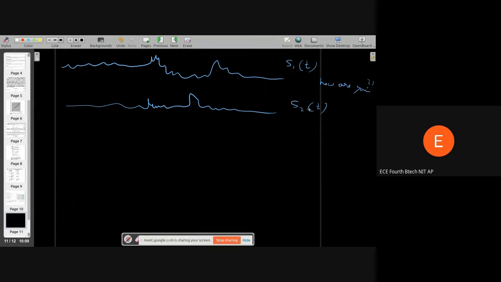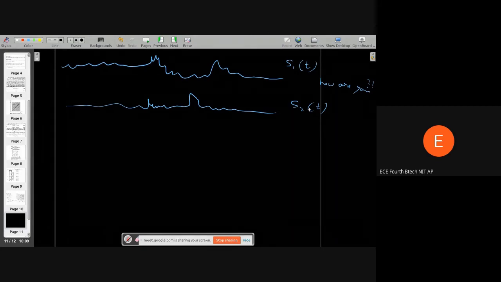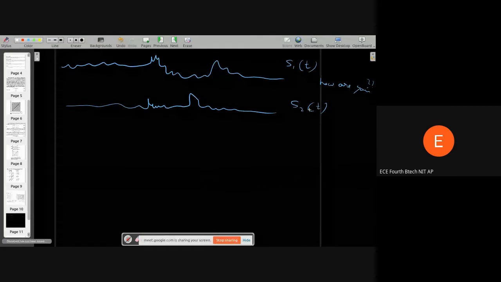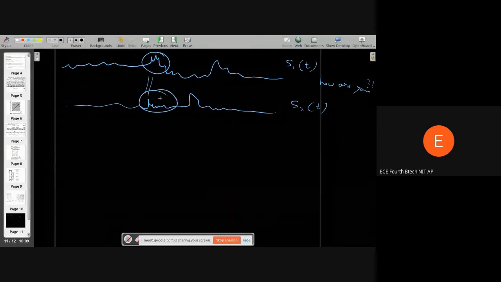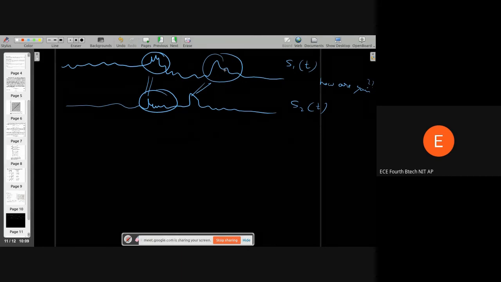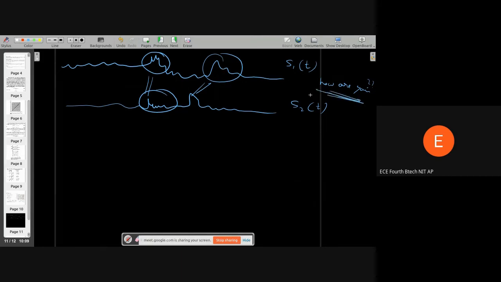In the example that was shown in the video, two people were walking. So they were trying to match the gait, how they are walking. Obviously, both are walking in the same manner, but there are some differences. So here also, you see these regions you have to match with these regions. These regions probably you have to match with this region, because everybody is speaking the same phrase, but everyone's way of speaking is different.